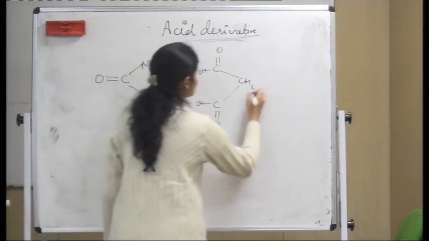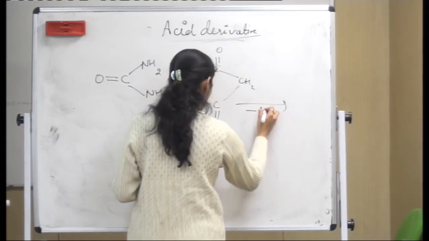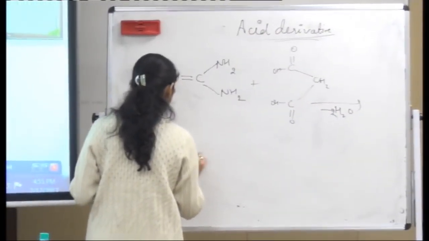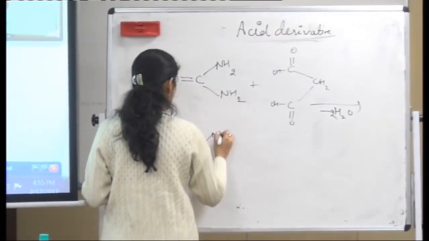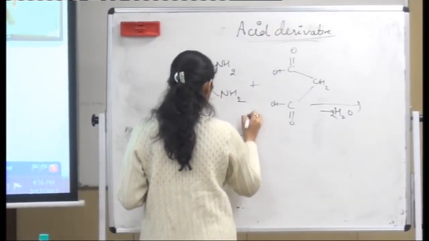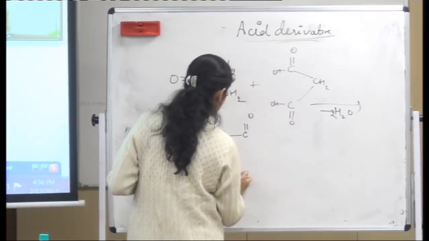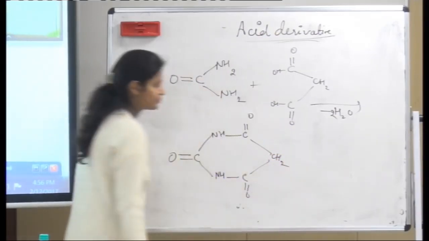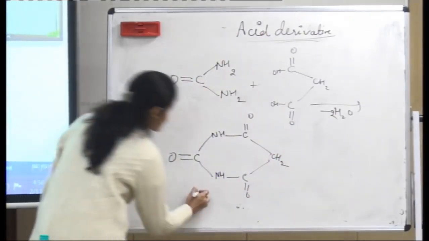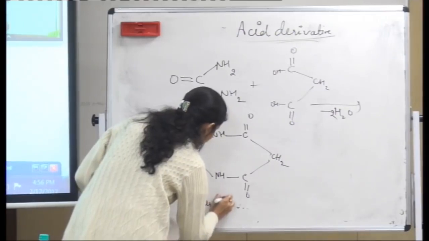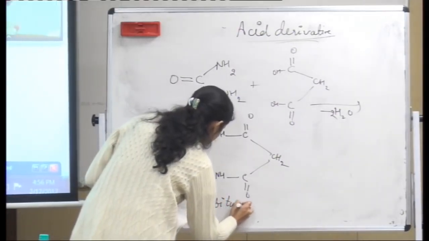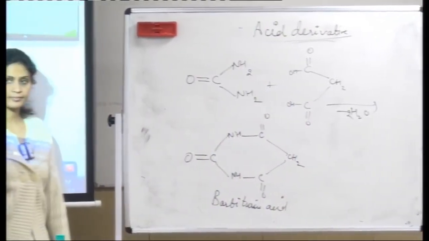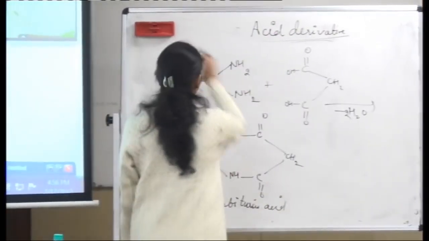It will result again in the elimination of water molecules. 2 molecules of water will be eliminated, and hence it will result in the formation of a cyclic compound, NHCO, NHCO and then CH2. You don't have to mug up the names, but this is known as barbituric acid. Okay.